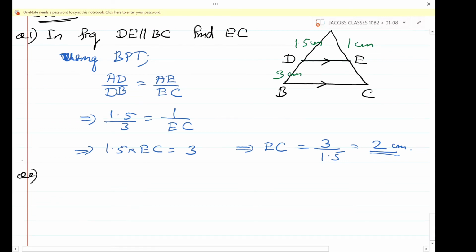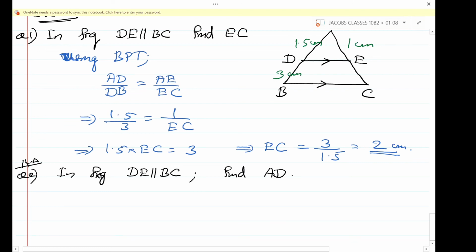So a homework question of the same type. In the figure, DE is parallel to BC. So that is also the same way.